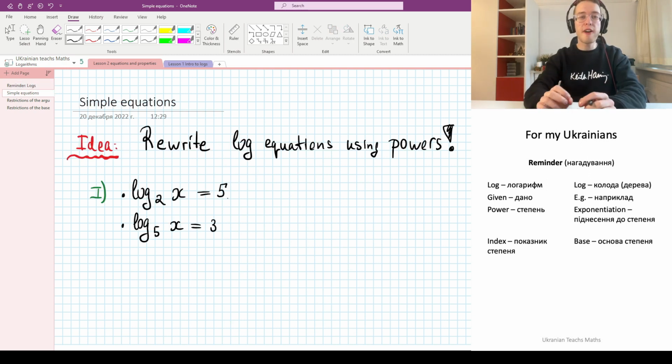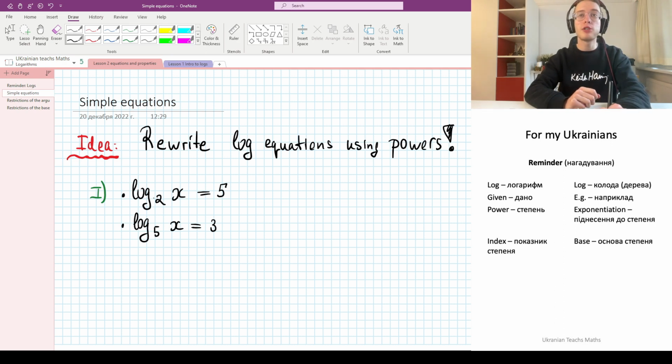So now we are finally ready to solve some simple equations. The idea to solving all of them is always the same. We have a log equation such as here, log to base 2 of x equals 5. And what we want to do is rewrite these log equations using powers. So how are we doing this? Using the definition of logarithms.